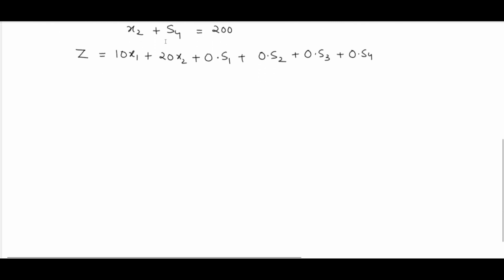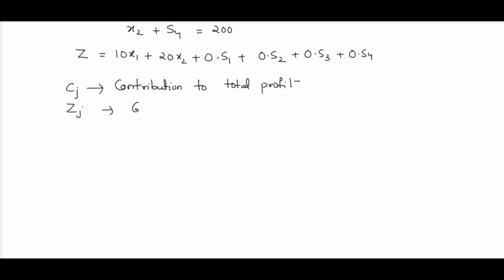Now here, Cj, for maximization of profit, is a term we will be using: contribution to total profit, and Zj, gross profit.